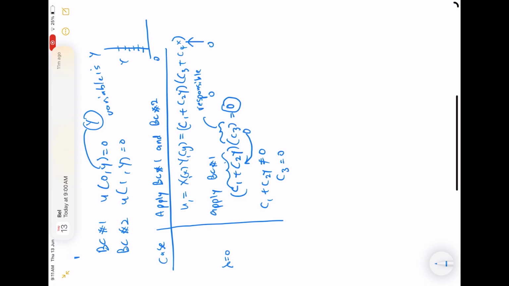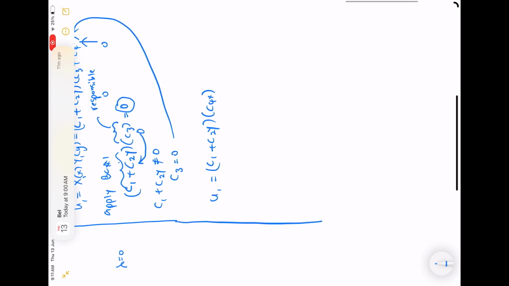When c3 is equal to 0, we go back to this equation again. We make c3 0, so our new u1 is equal to c1 plus c2y, multiplied by c4x. Now we need to apply the second boundary condition.